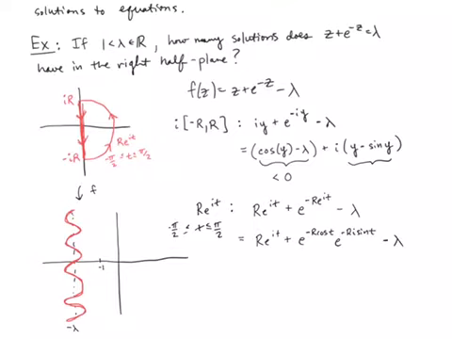And the thing to notice about this is that the magnitude of this term here, the norm of that, is the same as e to the minus r cosine of t. But between -pi/2 and pi/2, cosine is non-negative.